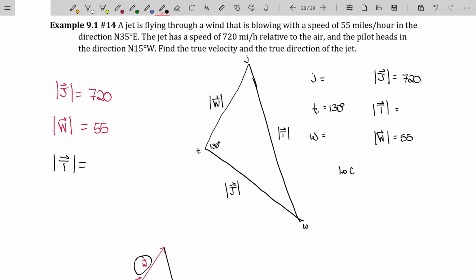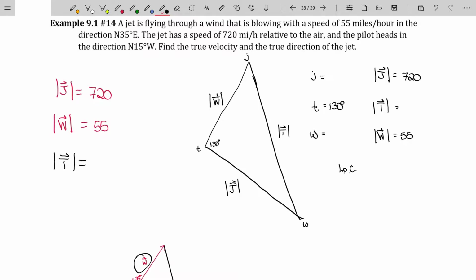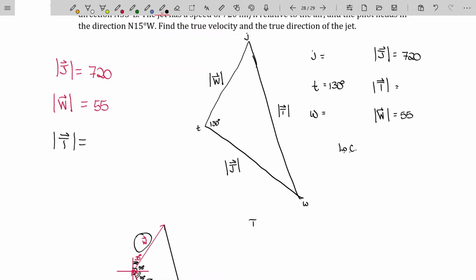Side T squared would be side J squared, 720 squared, plus side W squared, 55 squared, minus twice side J times side W, cosine of the angle opposite side T, which is 130 degrees.